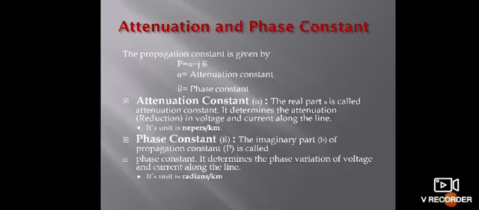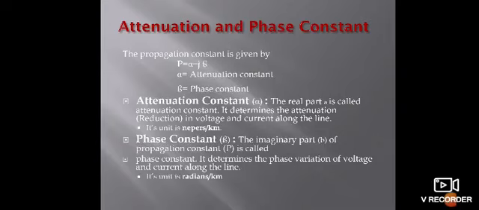P is given as alpha plus j beta, and the real part alpha is called the attenuation constant, which determines the attenuation, that is the reduction in the voltages and currents along the line.